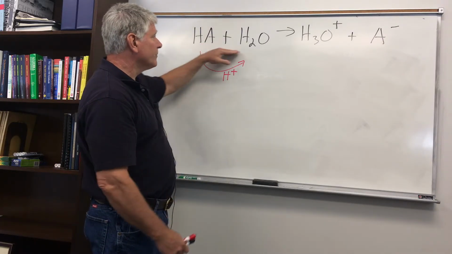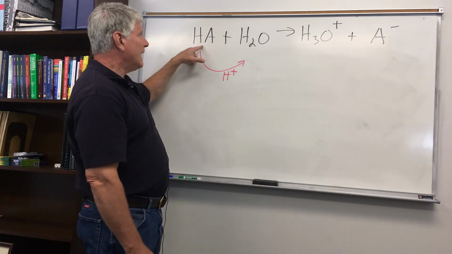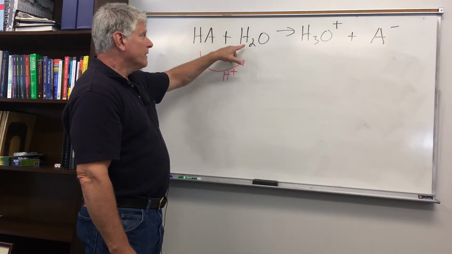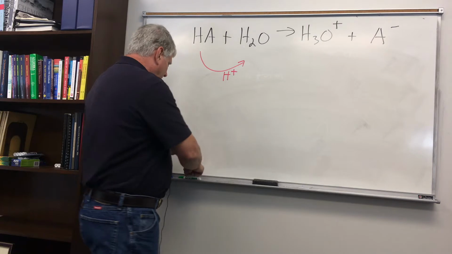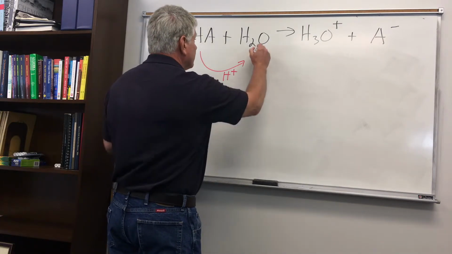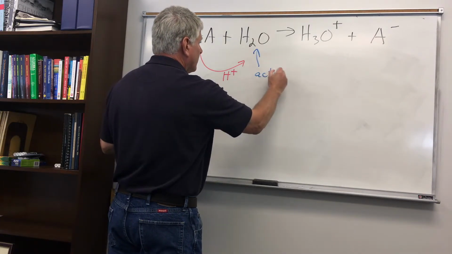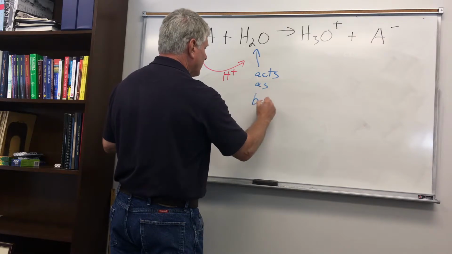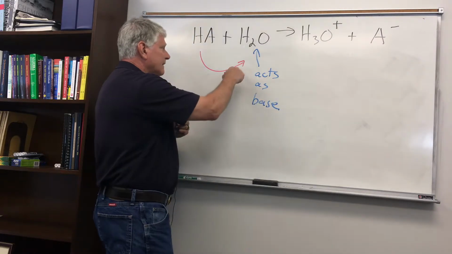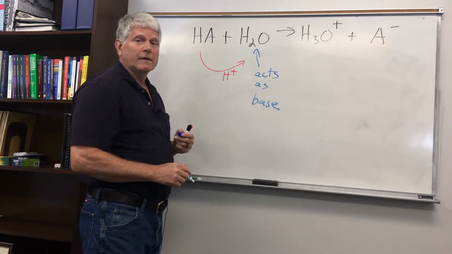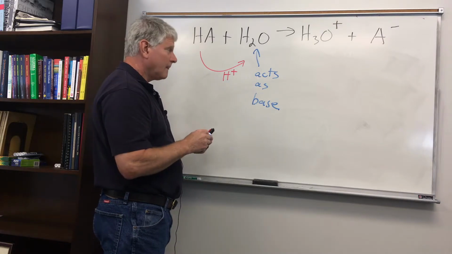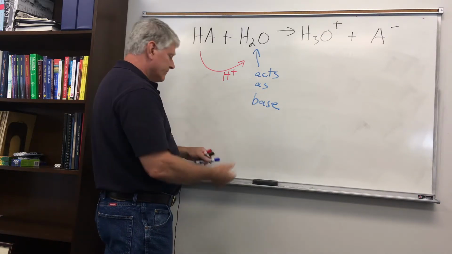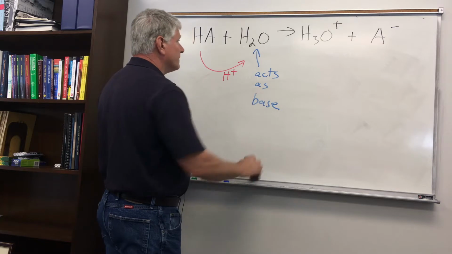So this is the general reaction of an acid in water. So in this case, water acts as the base, because it accepts the proton, H plus. So this is just the general reaction of an acid in water.